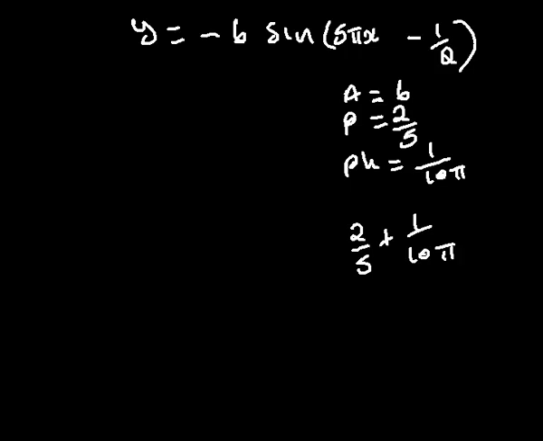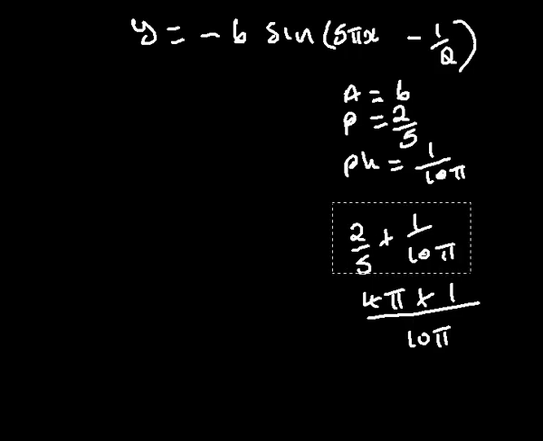And what is the common denominator? I'll have it as 10 pi. Then 10 pi into 10 pi, I'll have 1. And 1 times 1 is 1. And 5 into 10 pi, I'll have 2. And 2 times 2, that is 4 pi. So that is the ending point. That's where the graph will be ending.